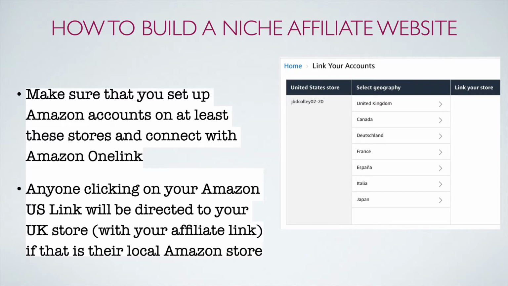So if you get a click from somebody on an Amazon.com link and they go and buy on Amazon.co.uk, then you will still get the credit for that sale. So setting up different Amazon stores is very useful, and linking them all up in Amazon One Link is also an essential step. And if you go into Amazon Associates, they'll explain exactly what to do there.